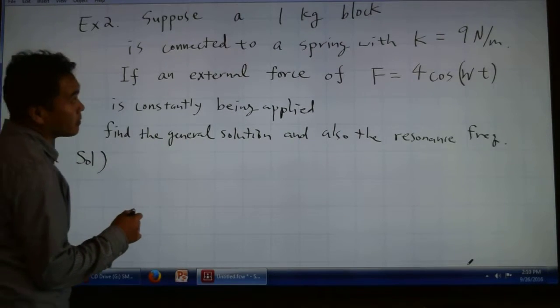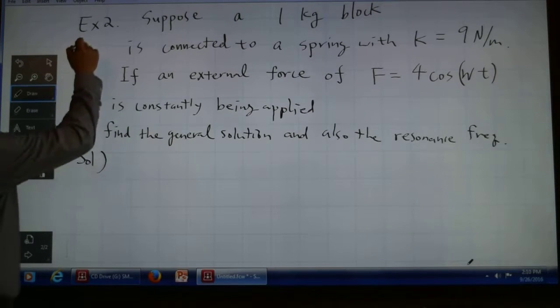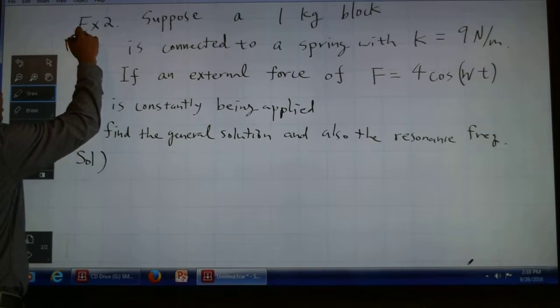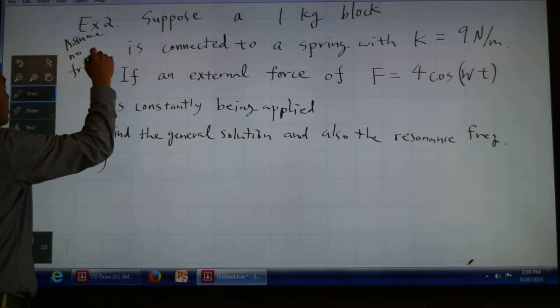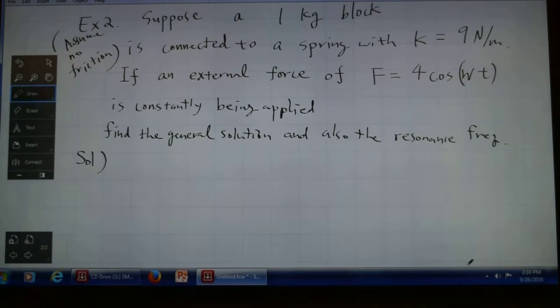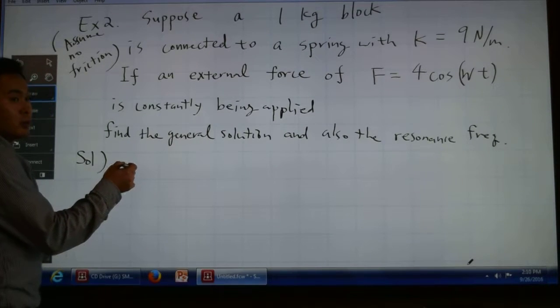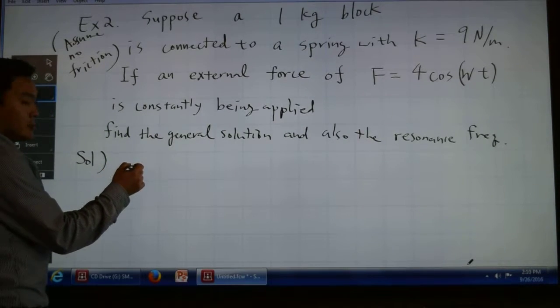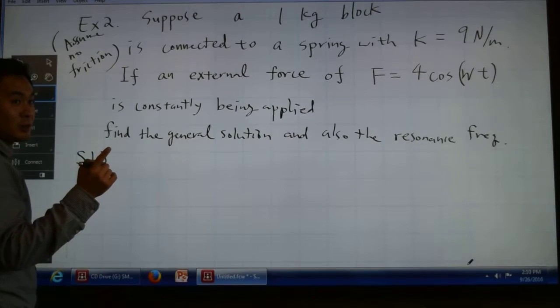Solution. What's the equation now? Assume frictionless. Okay, assume no friction, or else we don't know the value of c. Right? So if there's no friction, no damping, what's the equation now? m is what? 1.